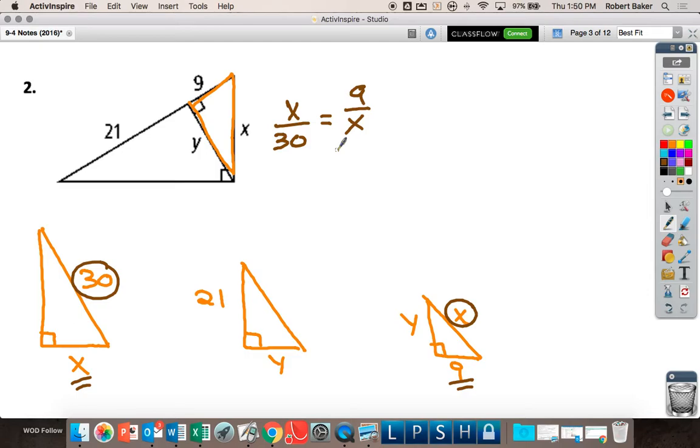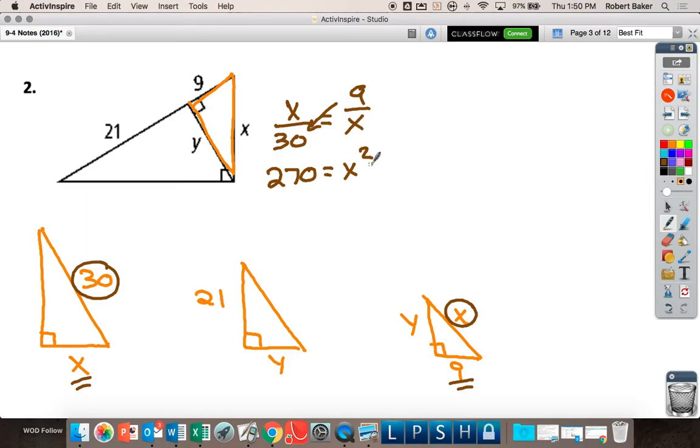So we're going to cross multiply. 9 times 30 is 270. X times X is X squared. You can get rid of the squared part by doing what?